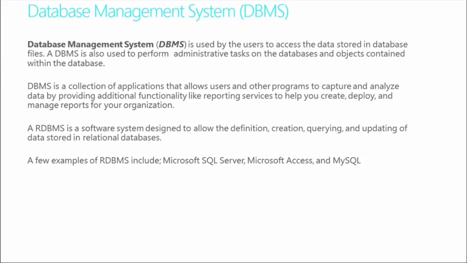Now, we can throw another letter in the front of that with a little bit of alphabet soup here. We have an RDBMS, a relational database management system. An RDBMS takes advantage of the database management system, and we make sure that we're taking advantage of the relational aspect when we're managing that content. As I mentioned, Microsoft SQL Server is an example of an RDBMS. Microsoft Access, if you've worked with that.